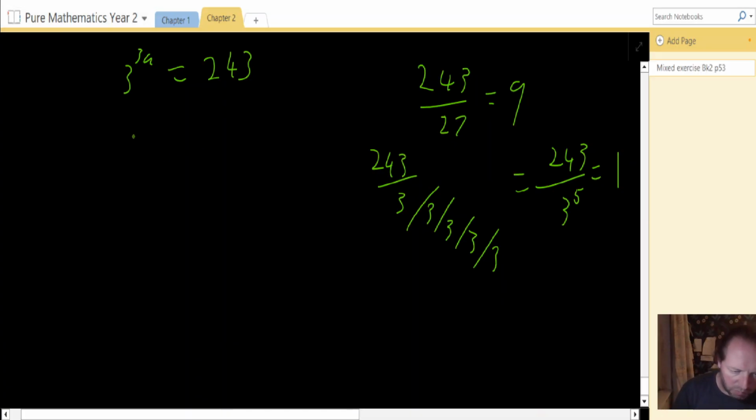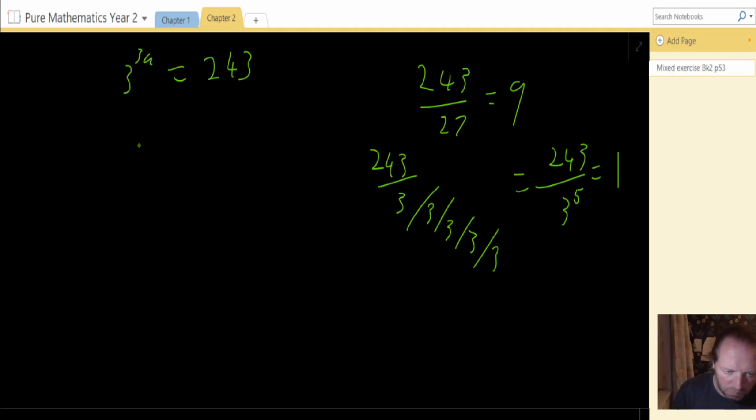So I can write this as 3 to the power 5 is 243. So 3a is equal to 3 to the power 5. That's the bit that's hard to work out, the power of 5. That done, 3a equals 5, so a equals 5 divided by 3.